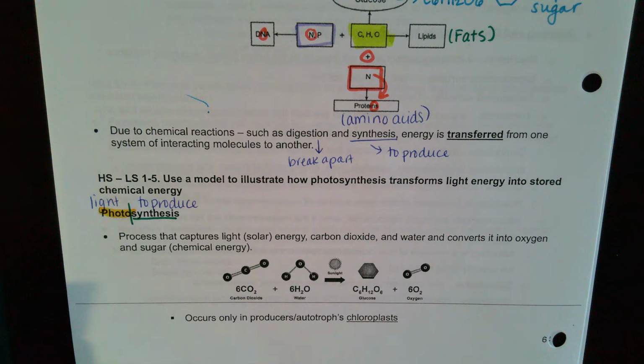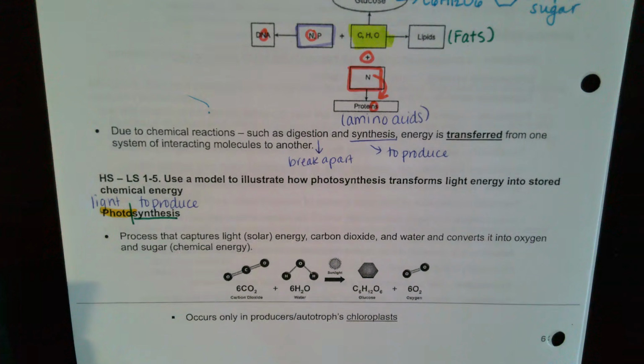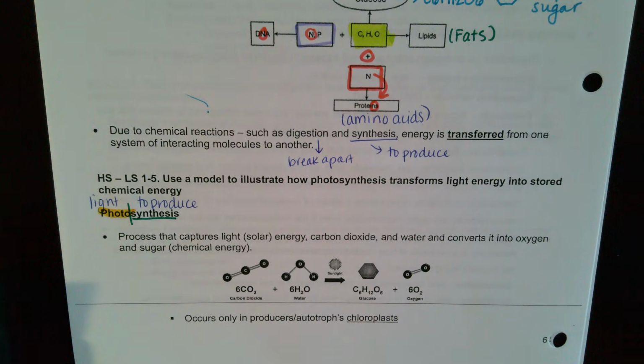If you think something is a photosynthesis question, you want to pause and take a minute and write down the formula. Every time I'm thinking, what do plants need in order to make food, I'm writing down that photosynthesis equation every single time. You need to memorize this.